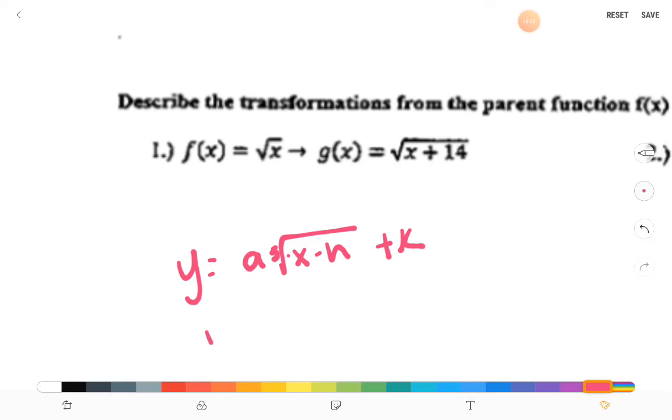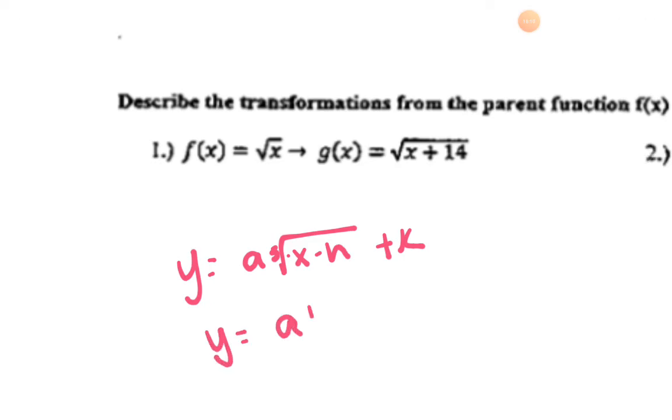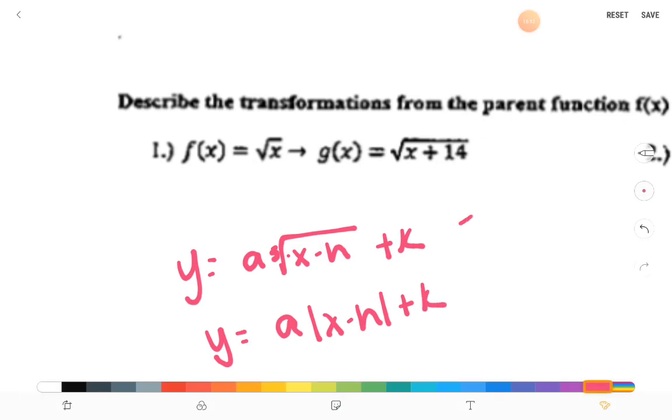Same situation. All of these functions move in the same way. The a either is a reflection, or it's a vertical stretch or a vertical compression. The h value goes left or right. The k value goes up or down.